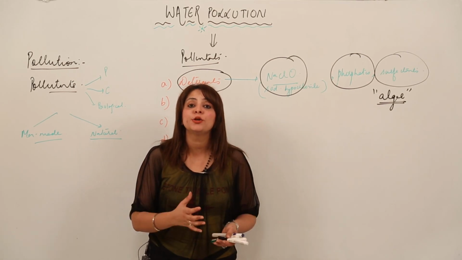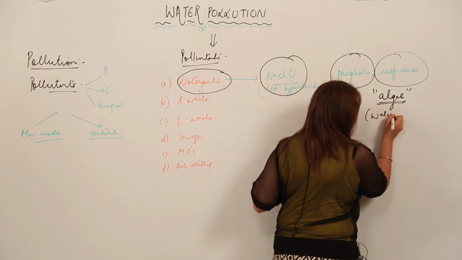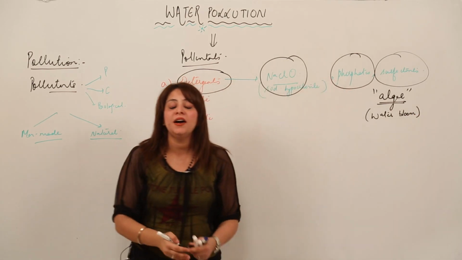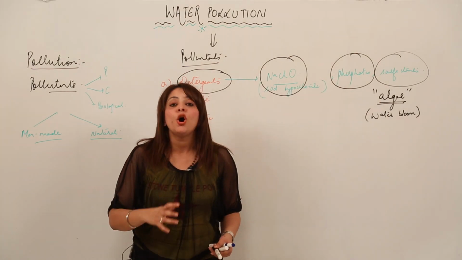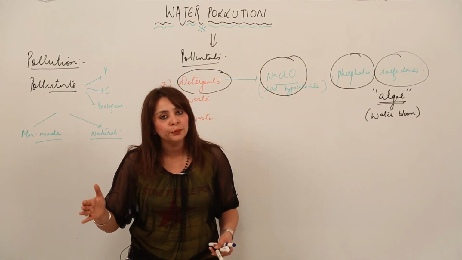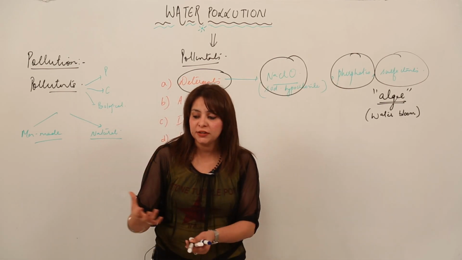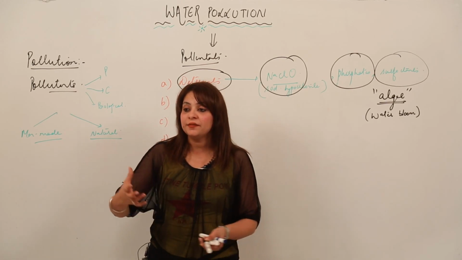The excess growth of algae is a phenomenon called water bloom. So when these chemicals are disposed into water, they lead to the excess growth of algae, or water bloom. Now the question must be arising in your mind: how is water bloom polluting the water bodies, or how is the presence of algae affecting the water?